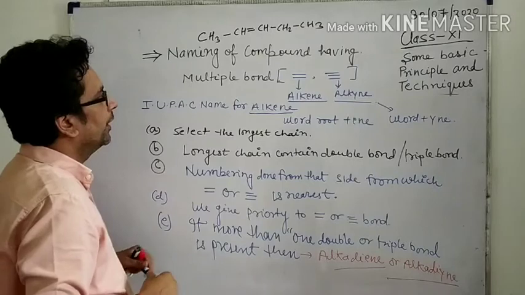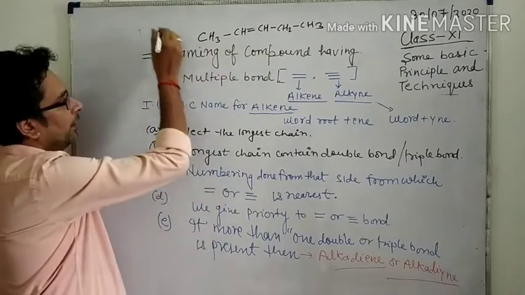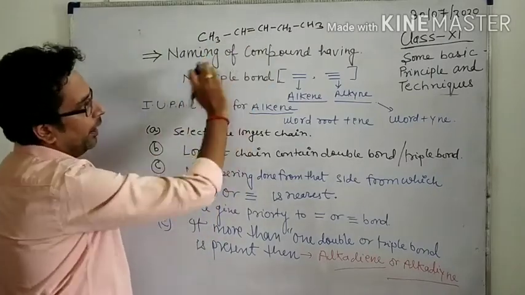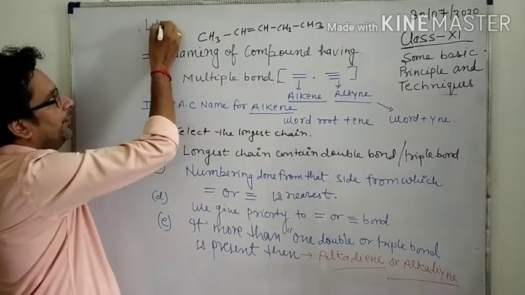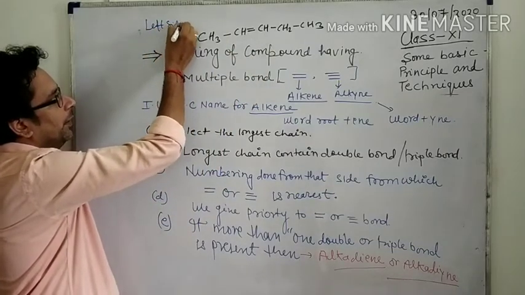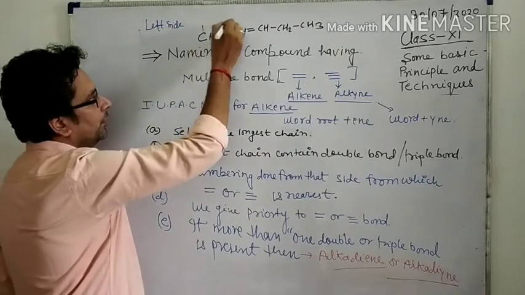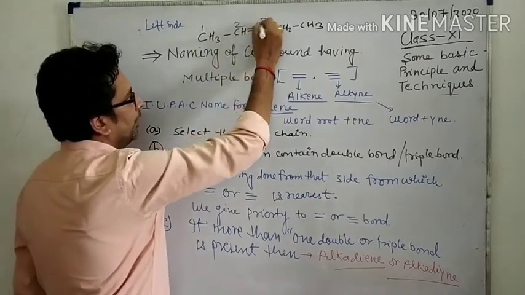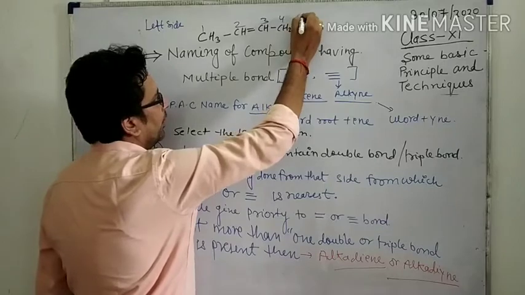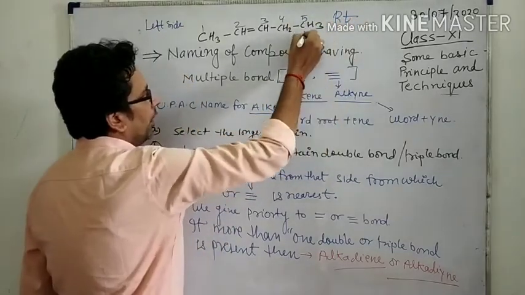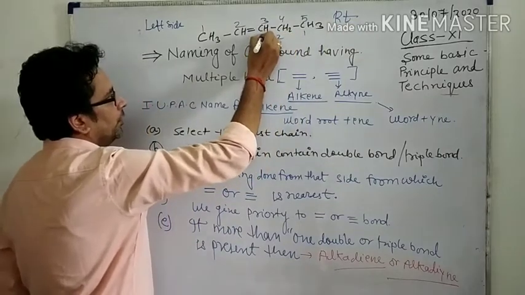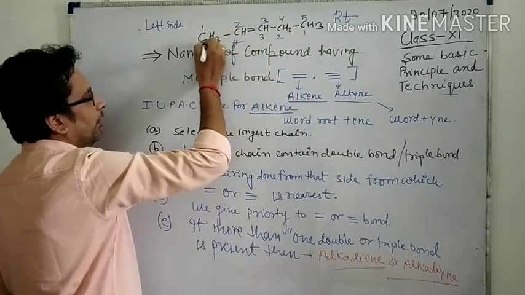Look here, there are two methods of numbering the carbons in this compound. First from the left side: 1, 2, 3, 4 and 5. Now numbering from the right side: 1, 2, 3, 4, 5.